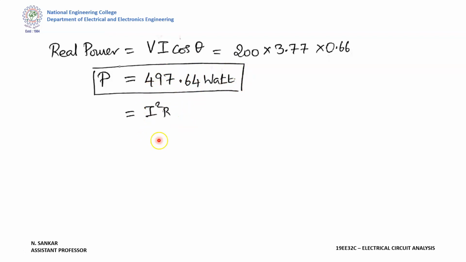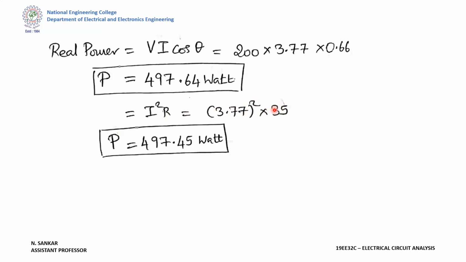Similarly, you can go for this form also, I square into R. Because real power is mainly due to the resistor, we are going for I square R. So substitute the value of I, 3.77 whole square, and R is equal to 35, which will be equal to 497.45 watts. So the decimal point is varying because of the round off which we did. Anyhow, both will be equal. Either you can go for VI cos theta or simply I square R.